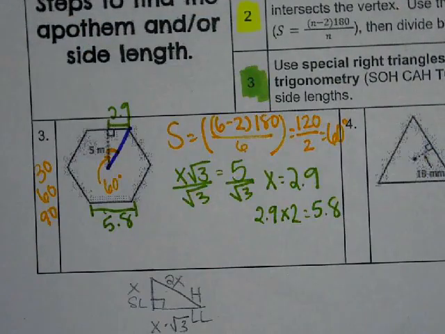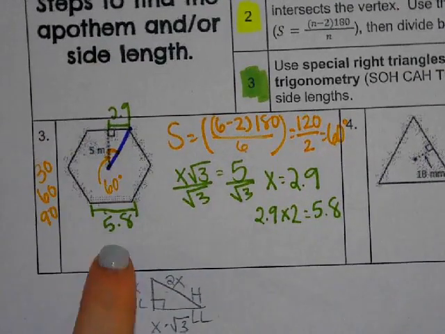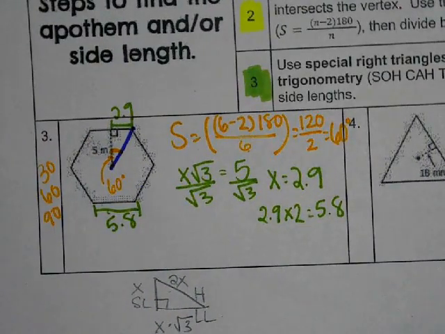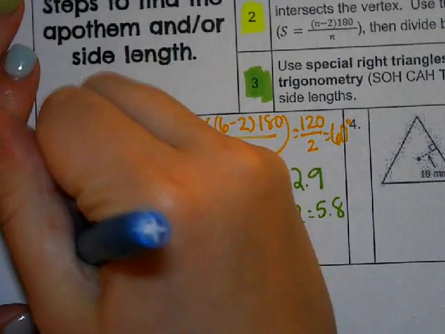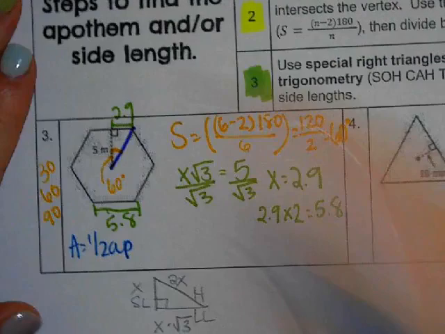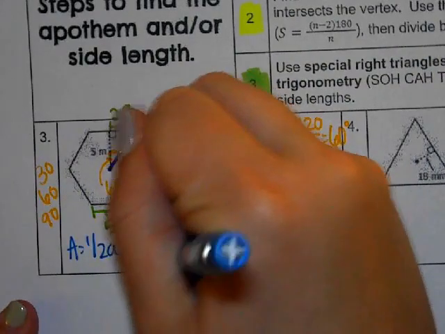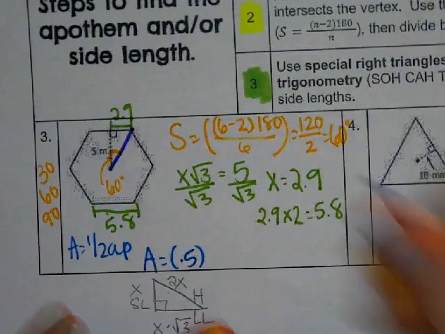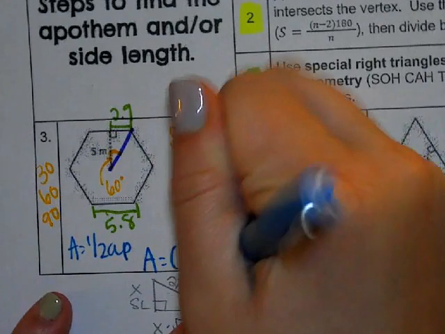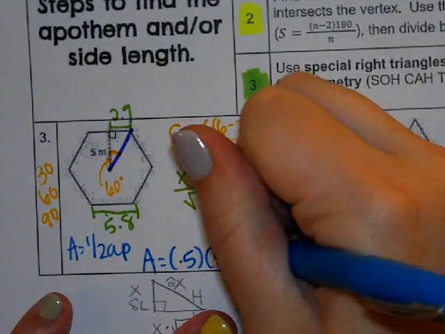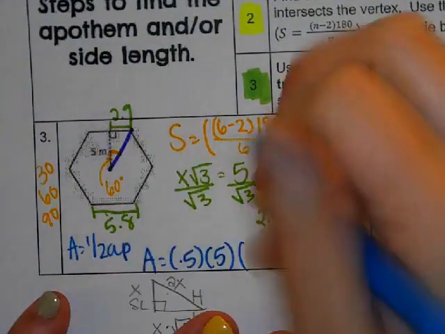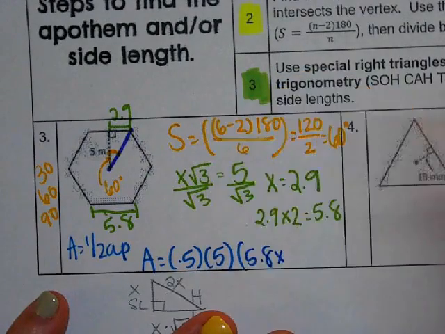Now that I've got that, I can go in and fill in my area formula because I have the apothem and I have what I need to find the perimeter. So in case you forgot, its area is 1/2 apothem times perimeter. So area is equal to 0.5, easier for the calculator, times the apothem, which is 5, times what we just found, 5.8, times the number of sides, which is 6.